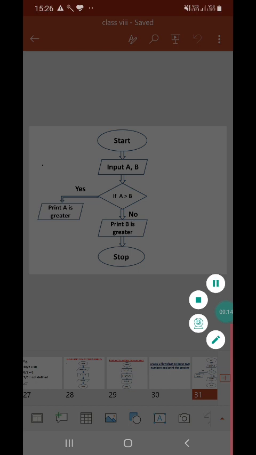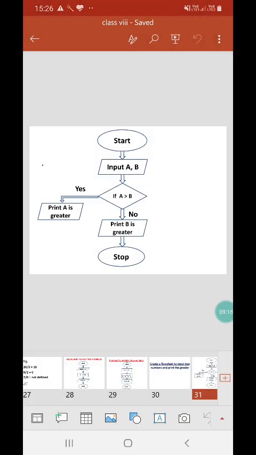Okay, decision symbol or test symbol, in which a condition is checked. It is checking the condition, two numbers have been inputted, and it is checking whether A is greater than B or not. And if A is greater than B, then the flow of data goes to the left side and it will print A is greater.